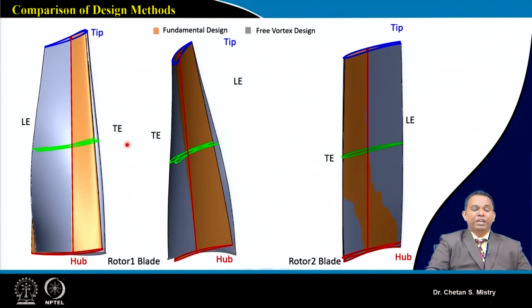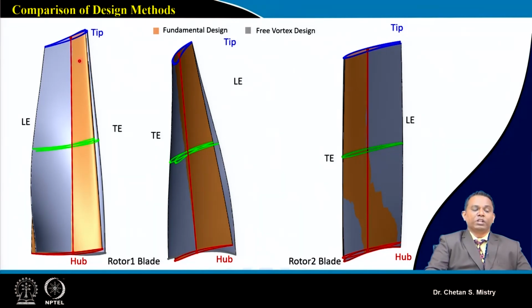So finally, if we look at the two design approaches or methodologies we have discussed, the fundamental design approach and the free vortex design approach, and compare the blade shapes, this is representing my rotor 1 blade.